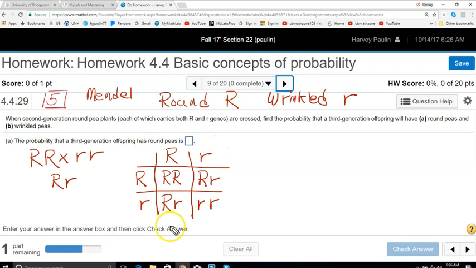Now, mathematically, this is the theoretical result. We expect then 3 round to 1 wrinkled. And I believe that's what they're asking here. So you would have 3 peas out of 4 that are round.